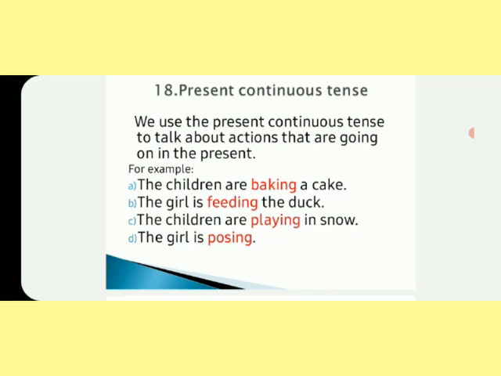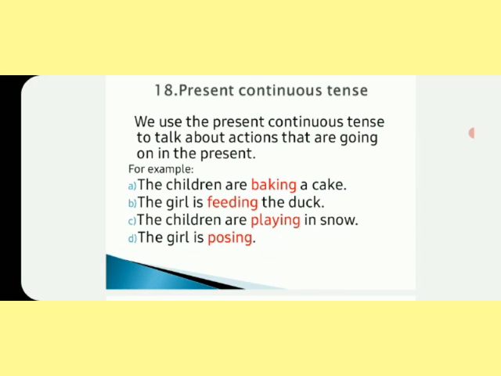The children are playing in snow. The children, plural subject, so are playing. The girl is posing, standing there ready to take a snap, just calling somebody in that posture, so singular subject, is posing.